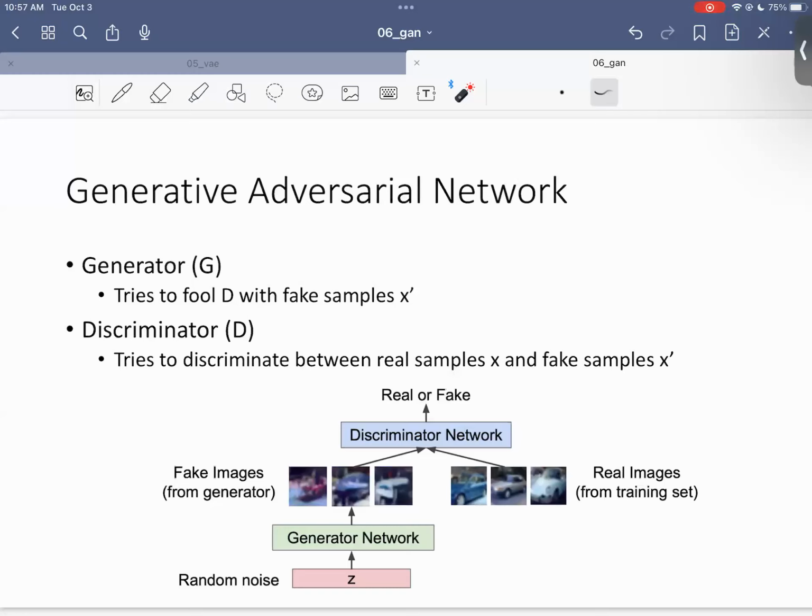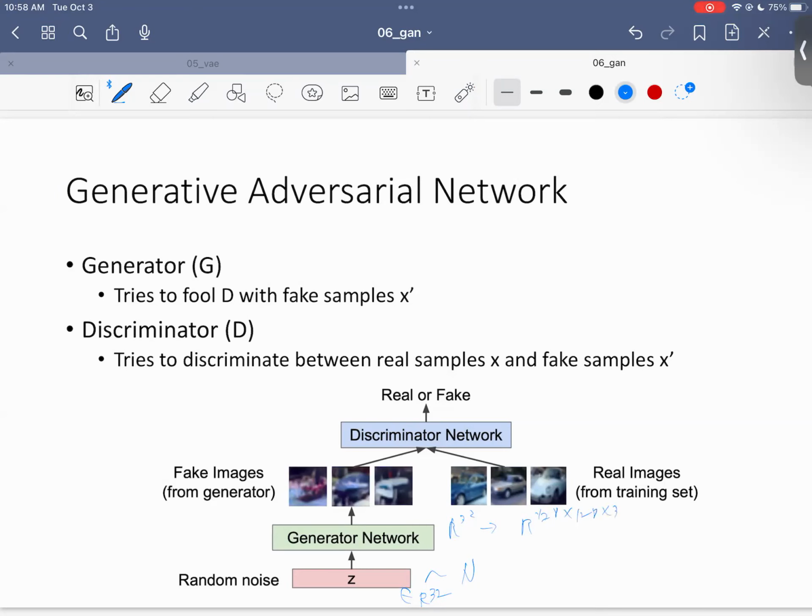You can use 32, 128, whatever. And then the generator will be receiving that. Let's stick to a concrete example. So Z comes from normal distribution, and it's a vector of dimensionality 32, for example. What the generator does is receive a vector in R32, and then convert it to, let's say, R128 by 128 by 3.